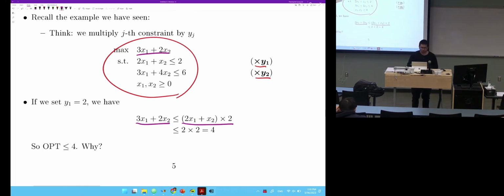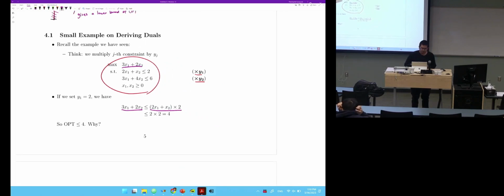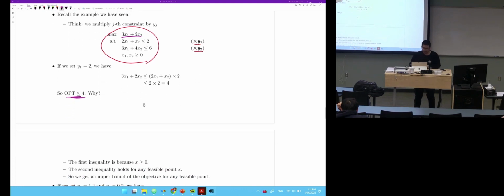So let me try to be formal. I claim that I can conclude that opt is always at most 4. The first inequality here must be true, because you can check that this is 4x1 plus 2x2, and because all the xi are non-negative, this is at most this one.